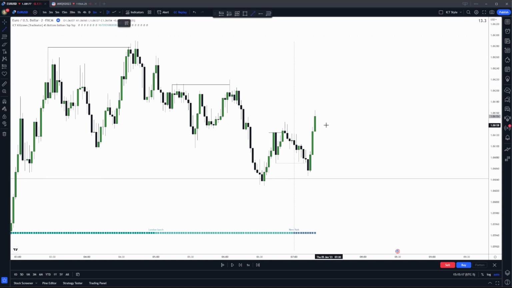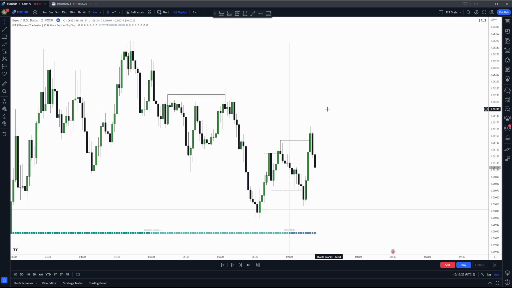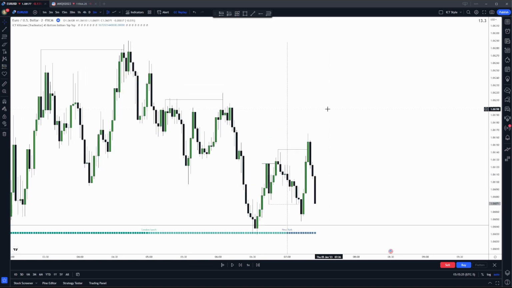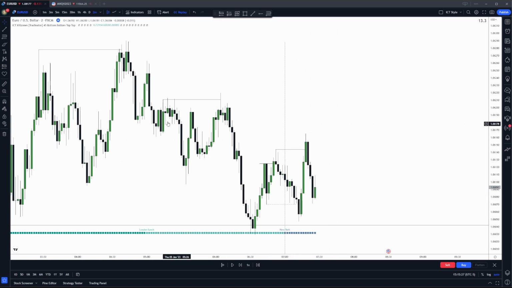And it seems like we take out this high again. So another sweep, so another potential entry. And we actually have a fair value gap, but what can you see? We did not really sweep this low. We did not break that low, so we have no market structure shift. So we wait for one.